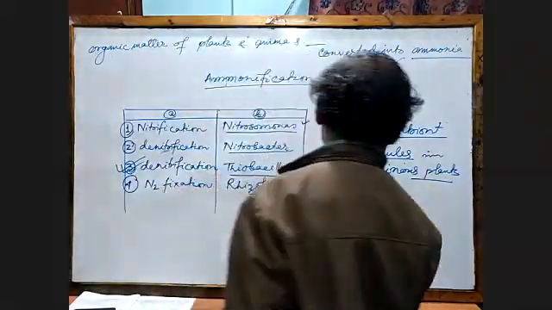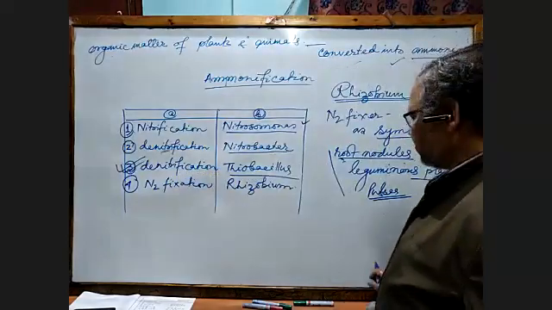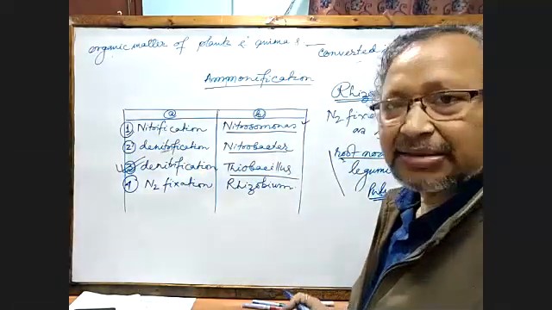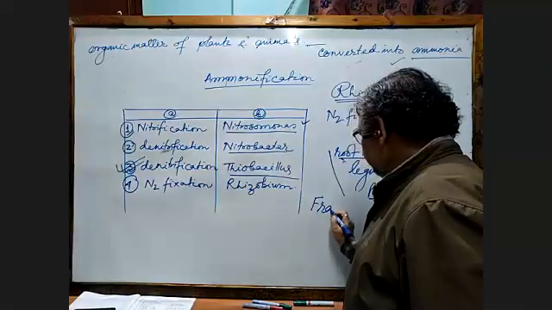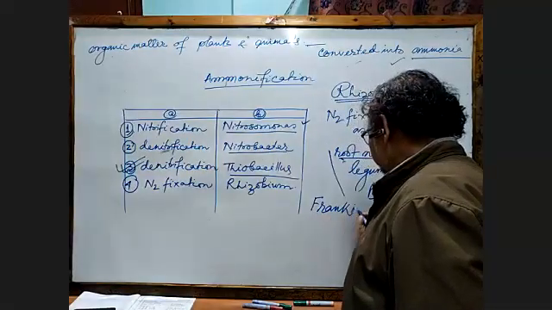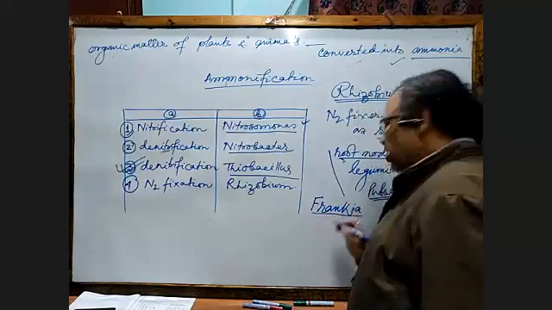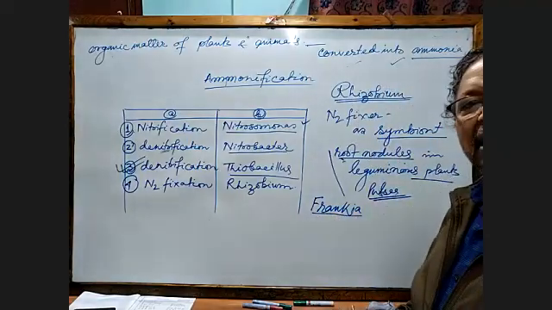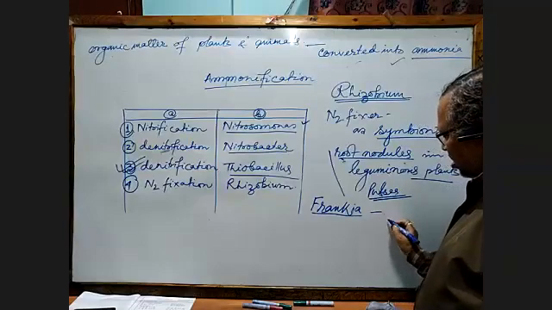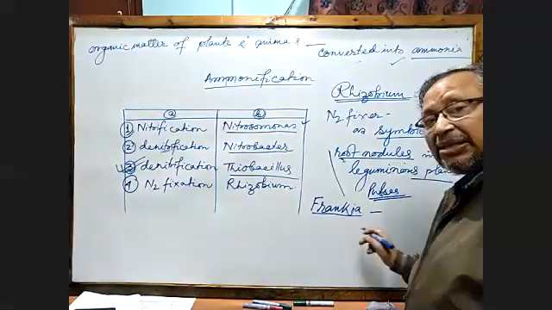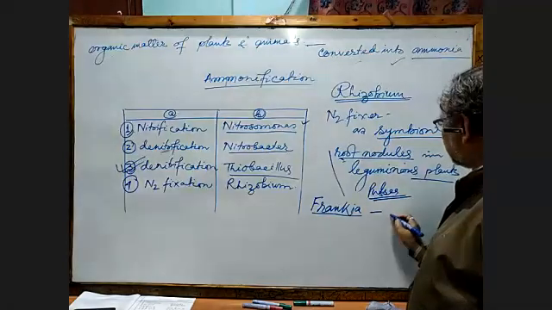There is another filamentous bacteria, which is known as Frankia. This Frankia forms root nodules in non-leguminous plants.